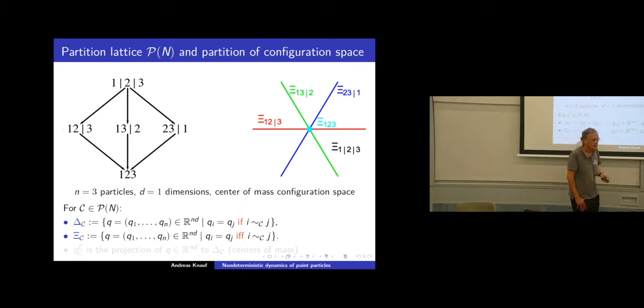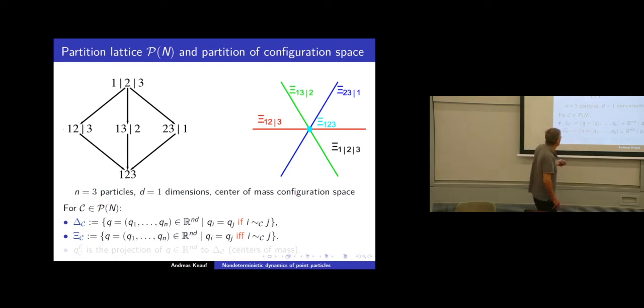Yeah. So then you can also, and that's useful, decompose these subspaces if you change this if into an if and only if. Yeah. So then you have a decomposition of, in this case, R2 into these xi C subsets.